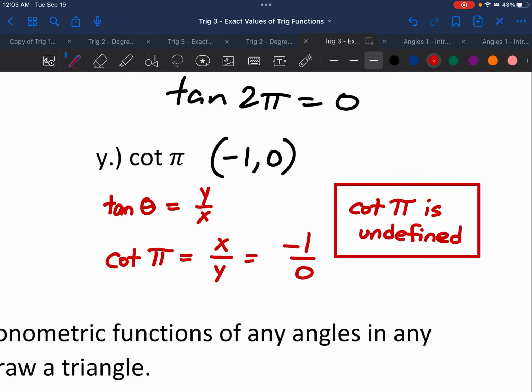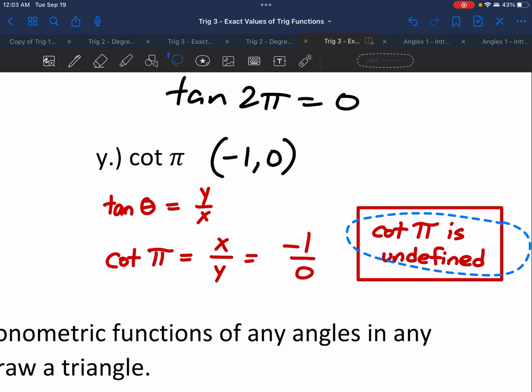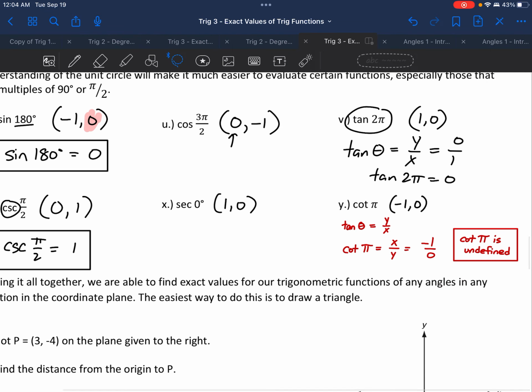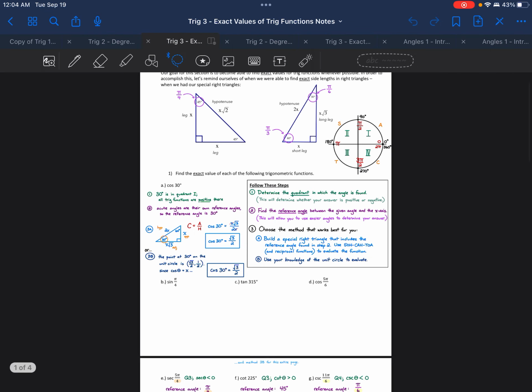It does not have an answer because we cannot divide by 0. We'll talk a lot about dividing by 0 later this year. Trust me, you'll love it. But for now, please note that yes, we now can see certain answers when we do this work that says, oh, you know what? Yeah, we can have things that just don't work out. There are going to be places on the unit circle that we don't, in fact, get those things.